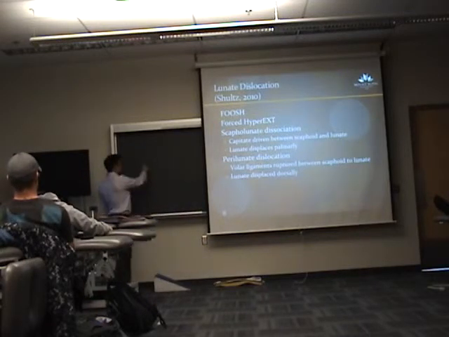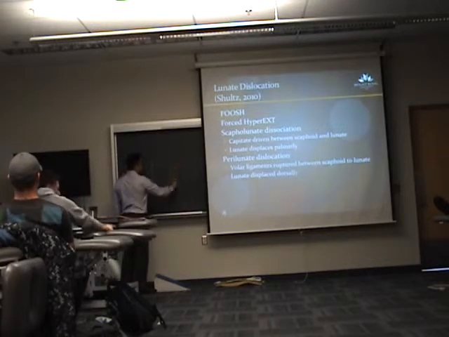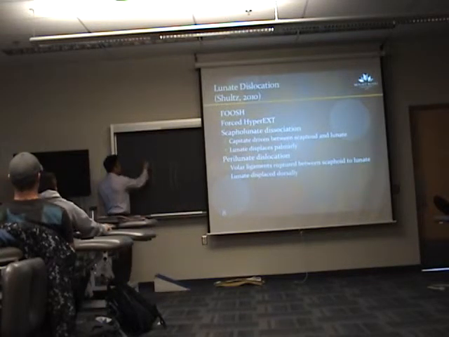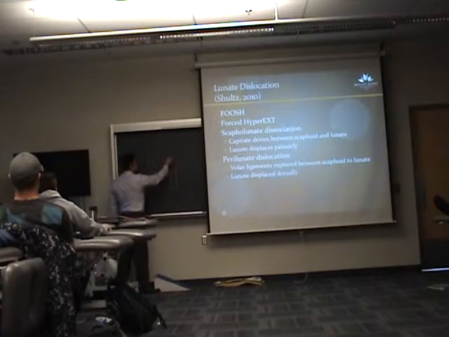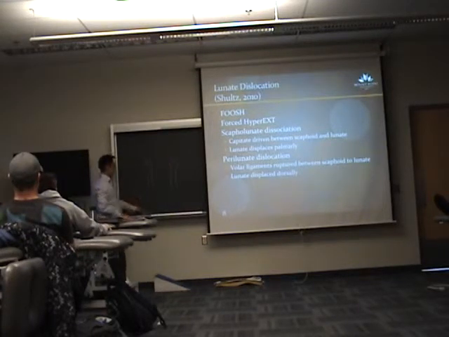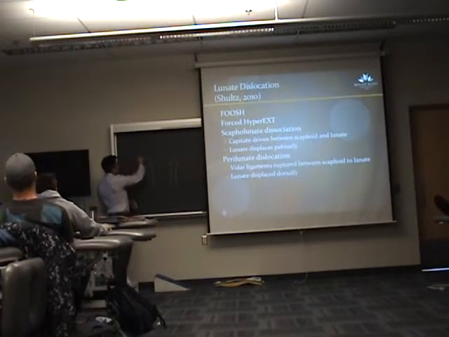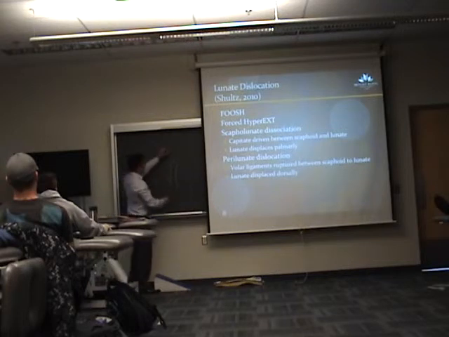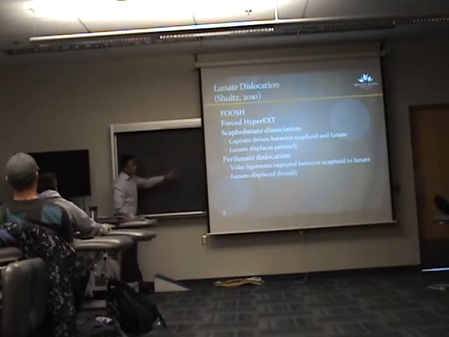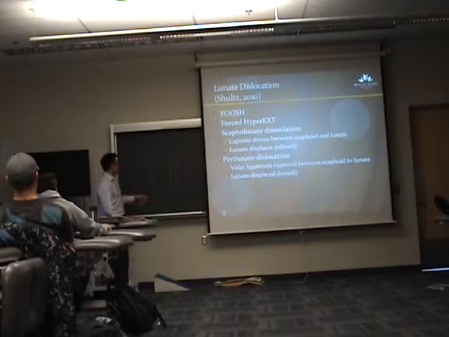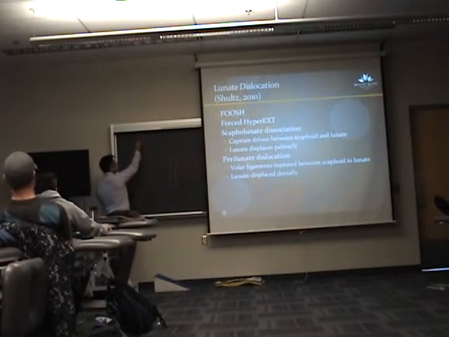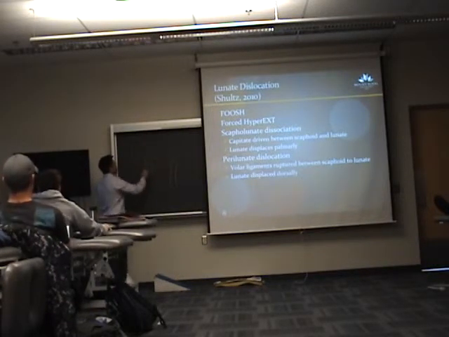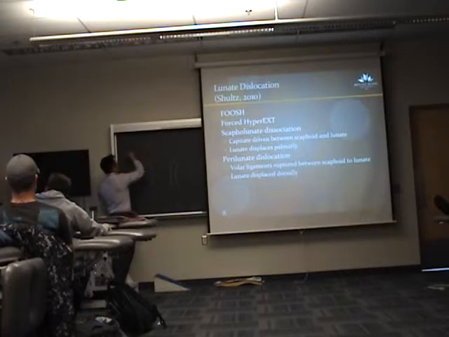Okay, so a good way, I'll do my best. That's the radius. That's the lunate. And that's the capitate. Perilunate dislocation. So this is the hand, and that's the palm, and that's the dorsal side.